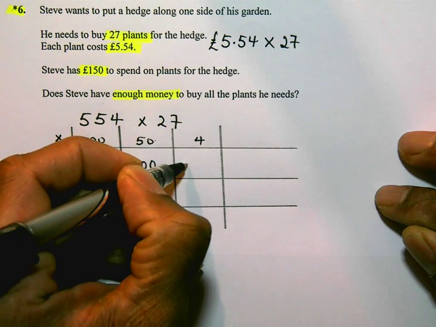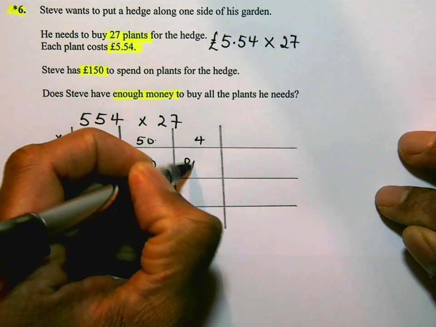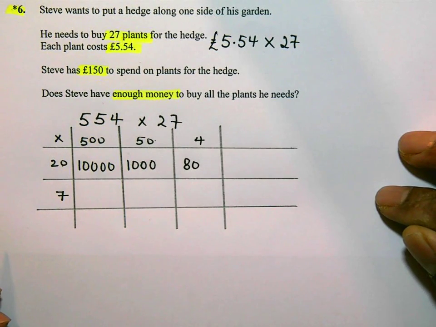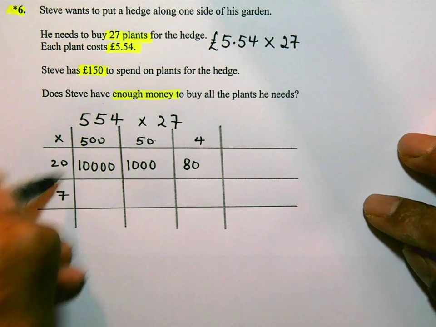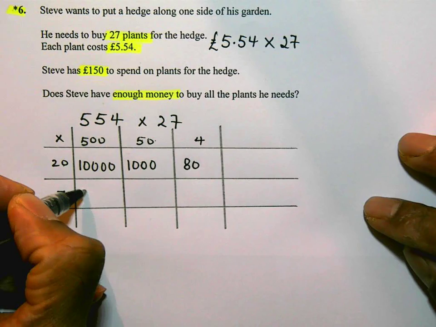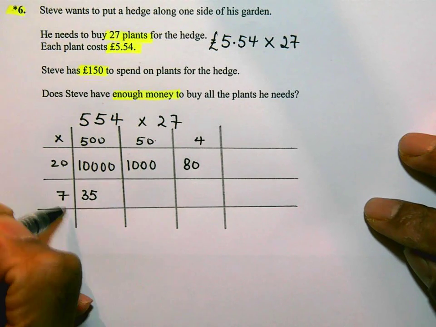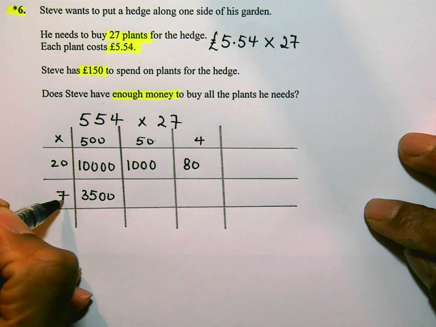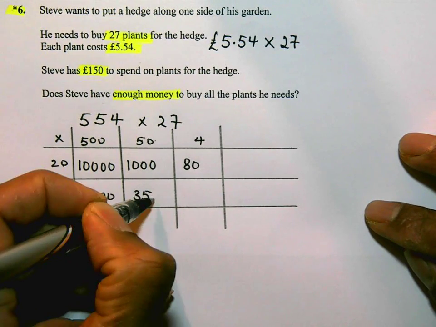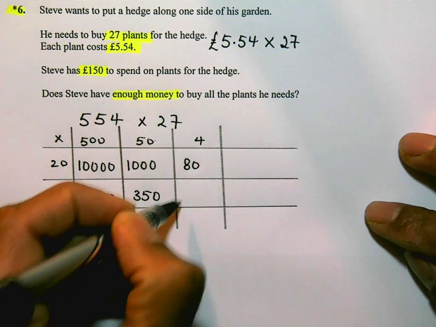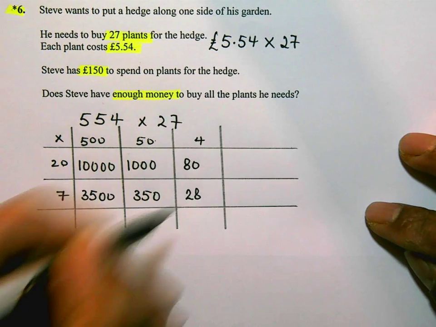And 2 times 4 is 8, add a 0 on, so that's 80. I'll add those up in a bit. 7 times 5 is 35, and there's 2 zeros. 7 times 5 is 35, and out of these two, there's just 1 zero, and 7 times 4 is 28.